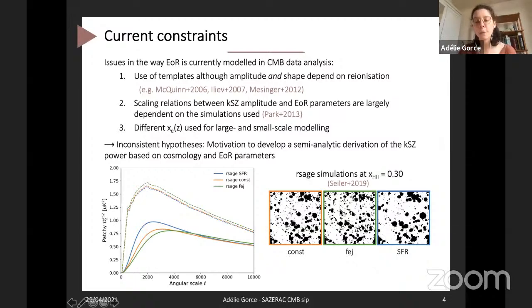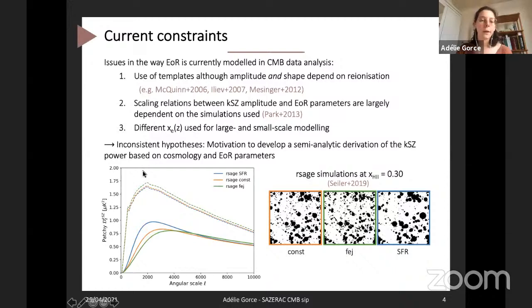In one case, it's proportional to the fraction of baryons ejected from the galaxy. And in the final case, it's proportional to the star formation rate of the galaxy, and so roughly of the mass of the host halo. But what we're interested in here is that these 3 different models result in different morphologies of reionization, with at 30% ionization, the SFR simulation, for example, having the largest bubbles on average.